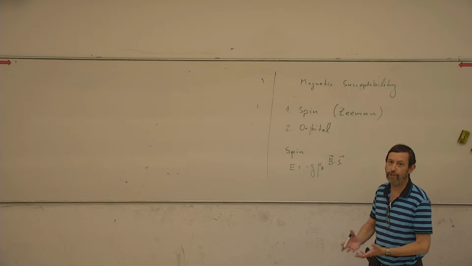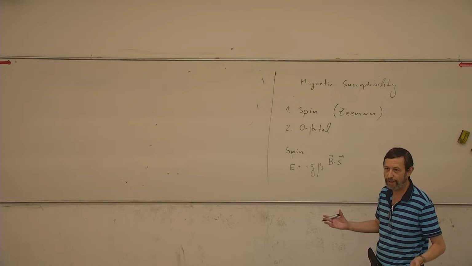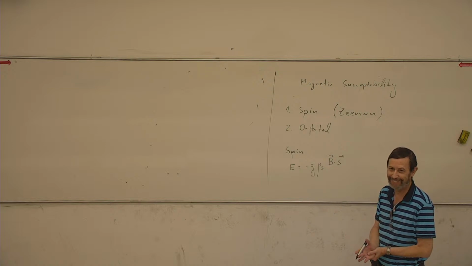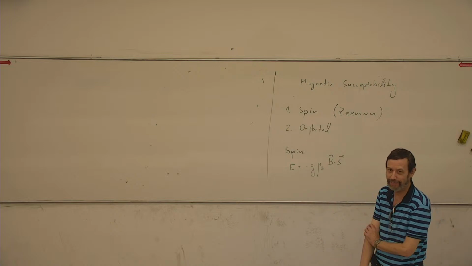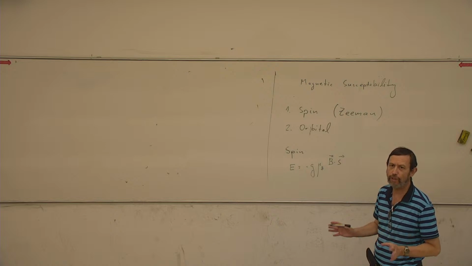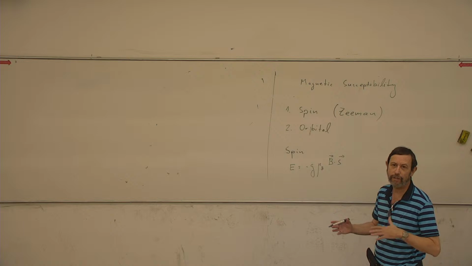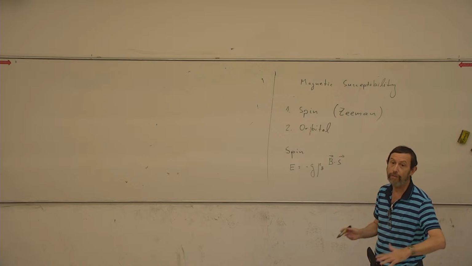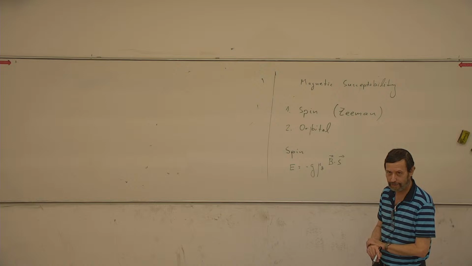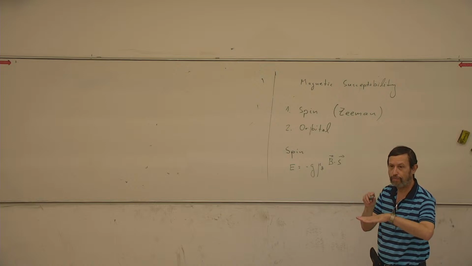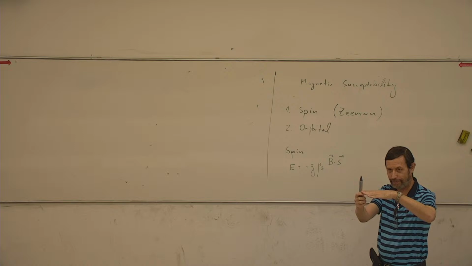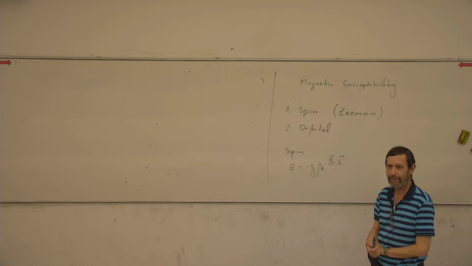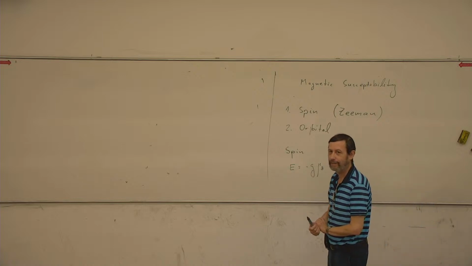If I choose a direction and I'm not out of my mind, I decide that it's in the z direction. But in general, I can point B anywhere. Sometimes I'm not just writing z because in certain lattices you can talk about even two-dimensional systems. I can put B this way and this way, right? So an anisotropic effect. If it's this way, then it would only affect the spin.